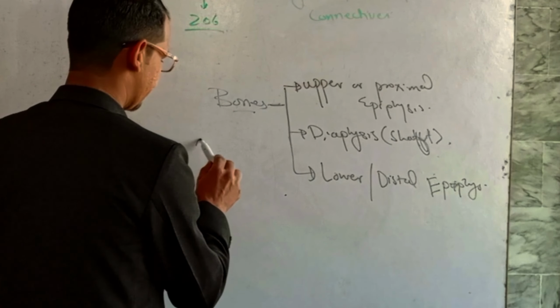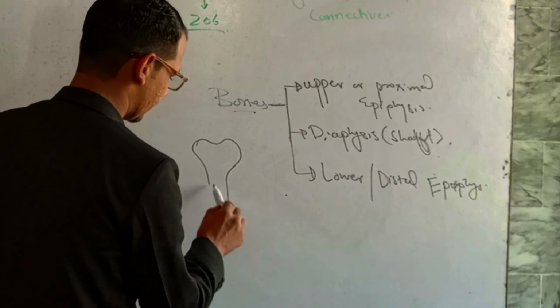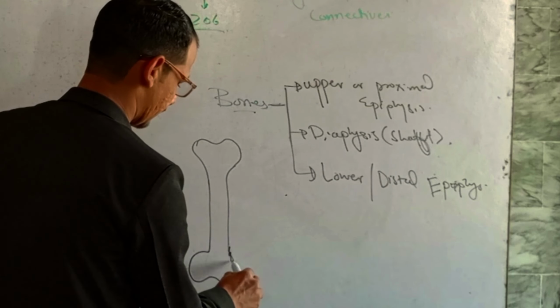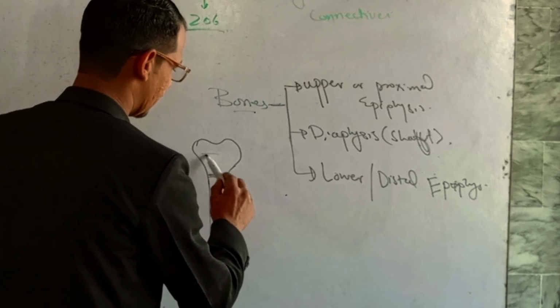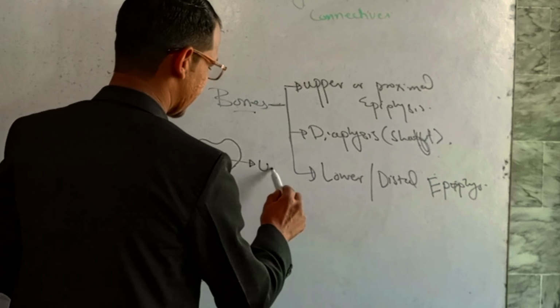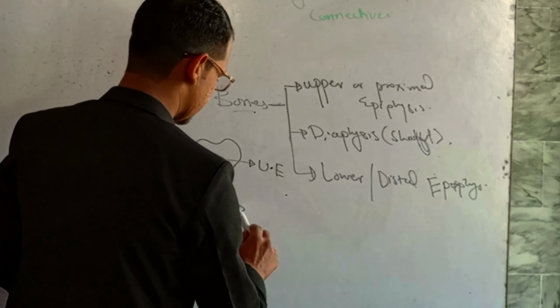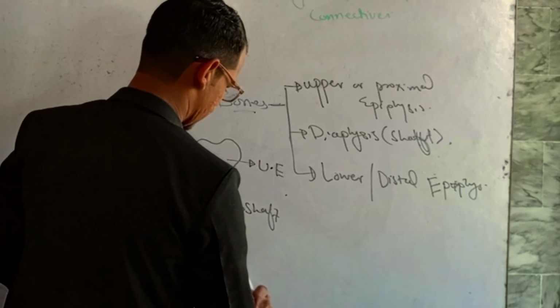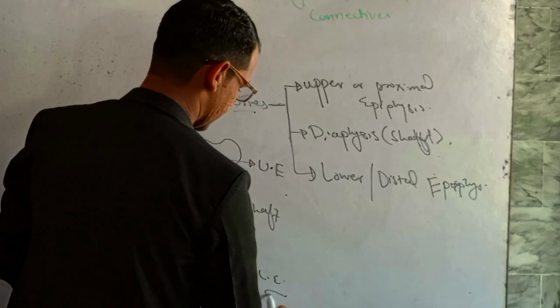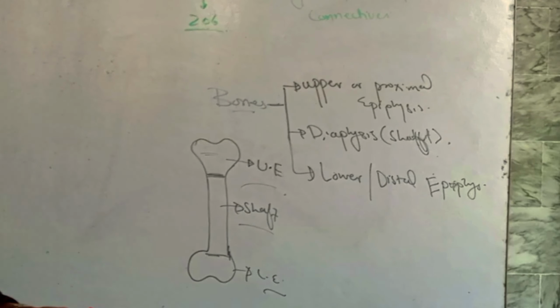For example, if we have a bone, this is the upper epiphysis, this is the shaft, and this is the lower epiphysis. Basically bones have 3 parts.